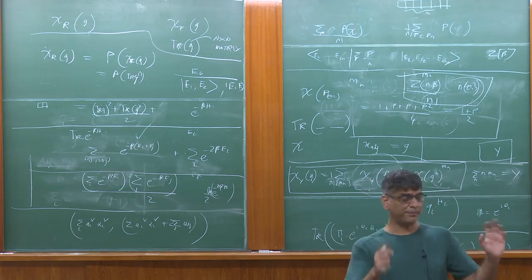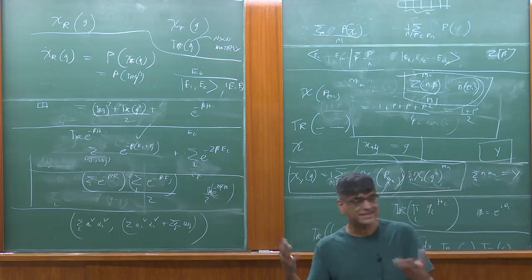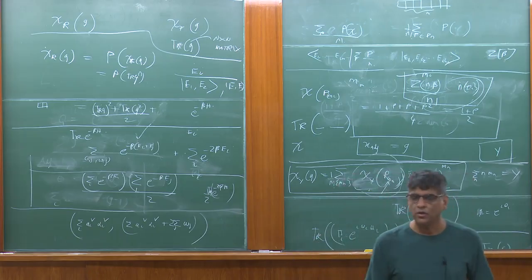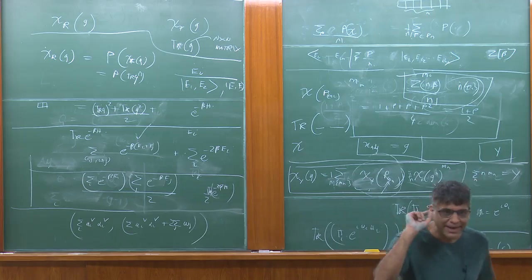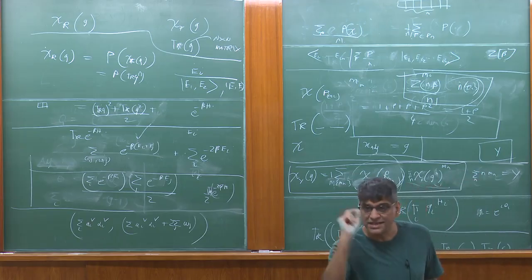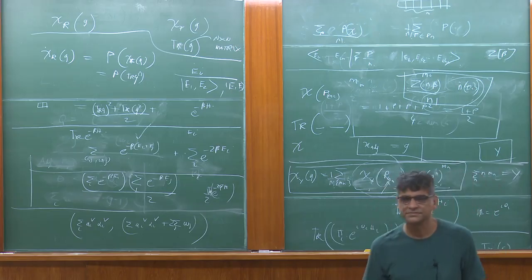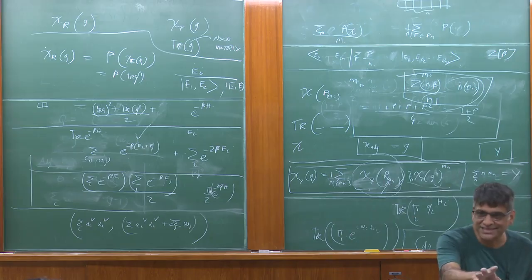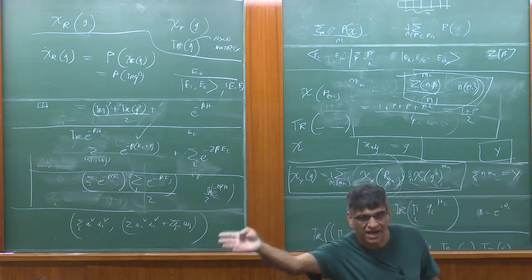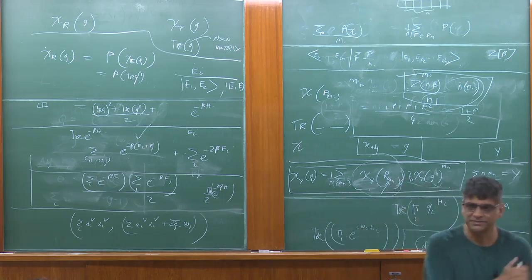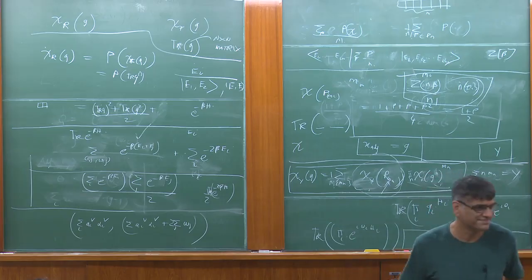Then to pick out how many states of representation R are in that tensor product, I just multiply by the character of representation R bar and integrate over the Haar measure. That will always be an integer, and that will be the number of states in representation R when you take the tensor product. This is another very useful thing to know.